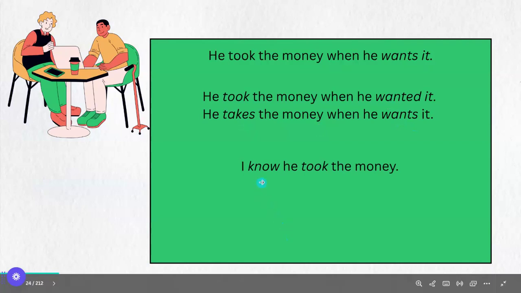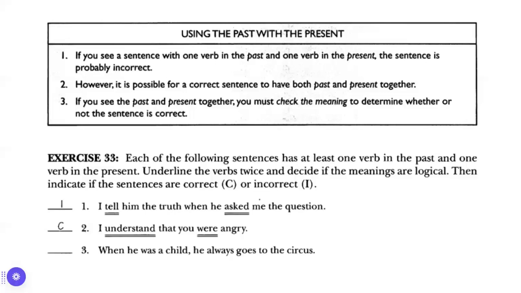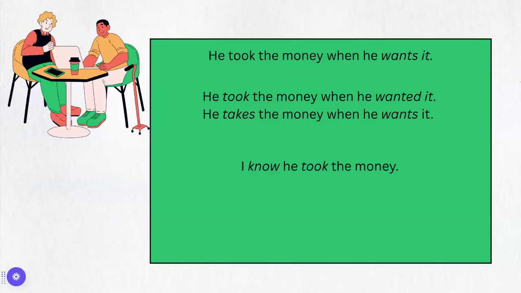Like, "I know he took the money." Right now, I know he took the money. Sometimes in this type of sentences, we might need a little bit more context than a simple sentence. Now, if you see a sentence with one verb in the past and one verb in the present, the sentence is probably incorrect, like we saw in this example. "He took the money when he wants it."